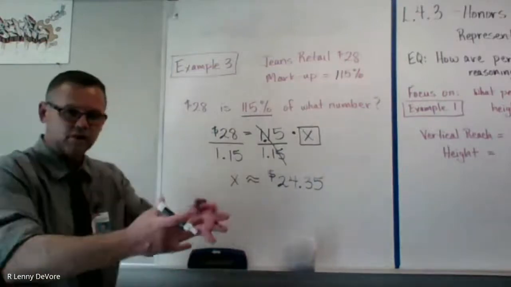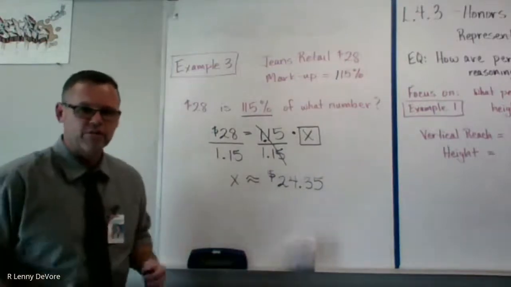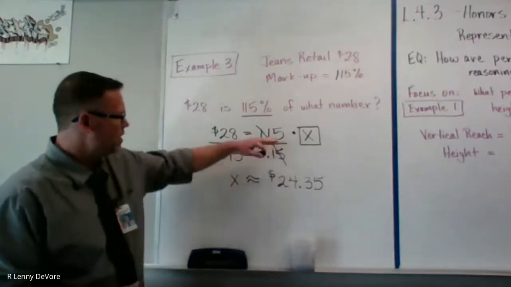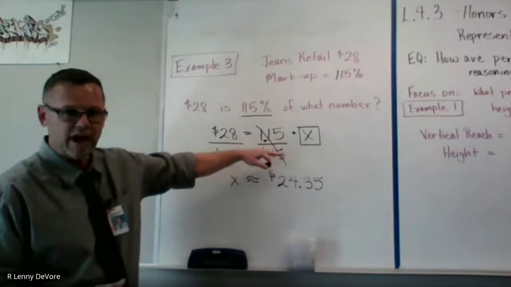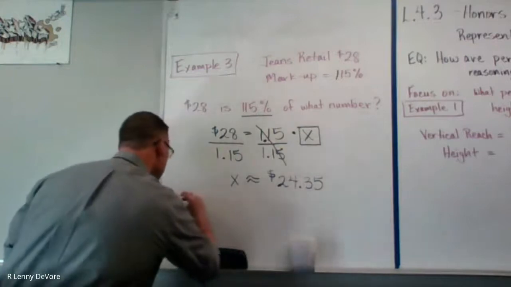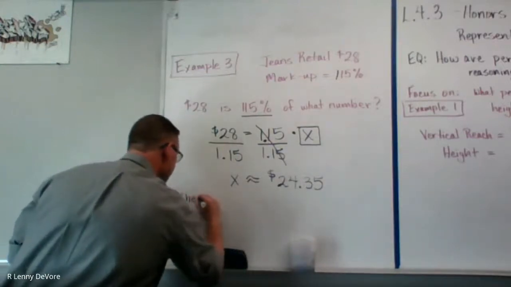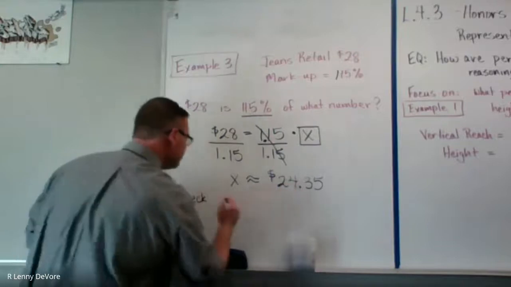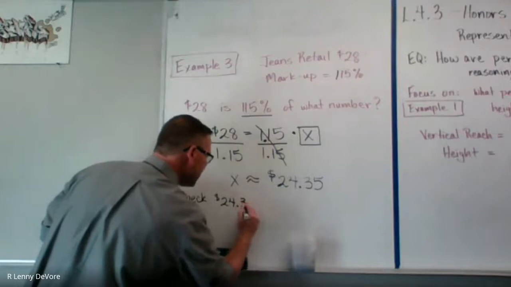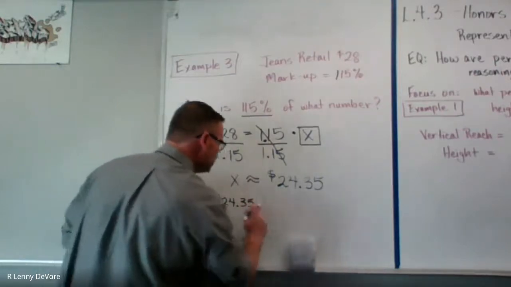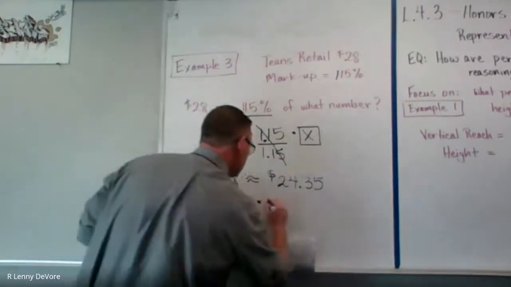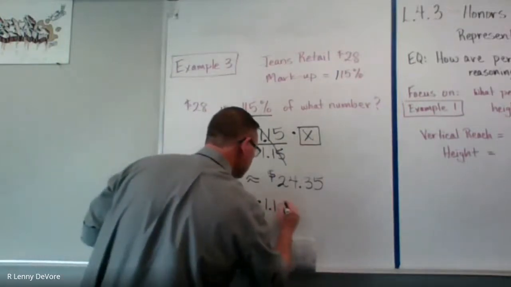Now here's the deal. If you go through and you figure this out and you're not sure if that's correct, then what you do is you take this and multiply it by the 1.15 to see if you get $28. So in other words, my check is to multiply the 24.35 multiplied by, oops, let me put that a little higher up so you can see it's multiplication, not a decimal, 1.15.